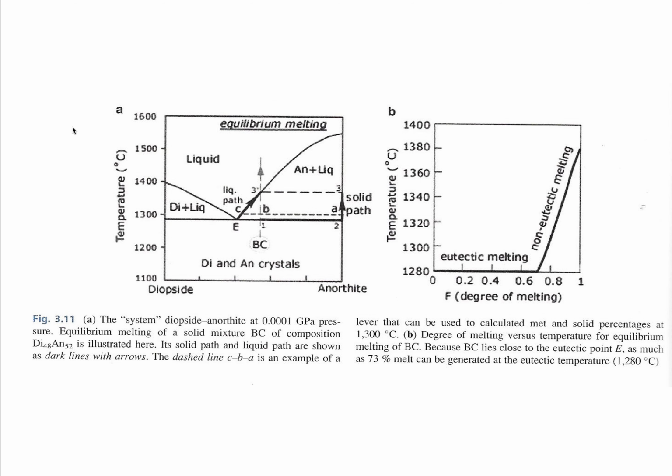Here we have diopside plus liquid, here anorthite plus liquid. We are cooling down with our melt, following the path going down here.